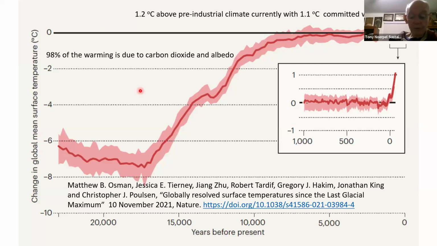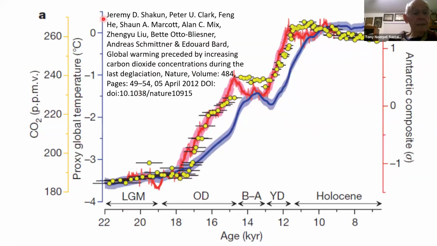This is the one thing I want to say: there is a mistake in the IPCC report. They were taking into account a paper from Jeremy Shakun, which goes back to 2012, but it was always believed that the temperature difference between the last glacial maximum and today was only about 3.5, maybe 4 degrees.